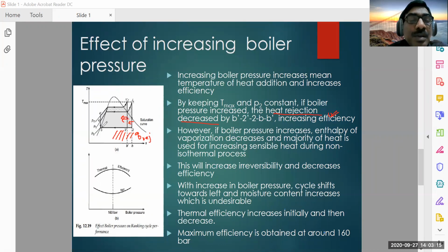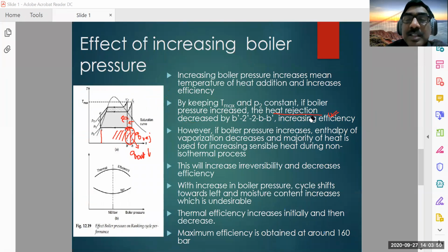Since this point is shifting to this point, this much amount of heat rejection is decreased. So if Q out is decreased, what is the efficiency equation? Efficiency is Q in minus Q out by Q in. So if Q out is decreased, obviously the efficiency will increase. This is the point you have to understand, right?